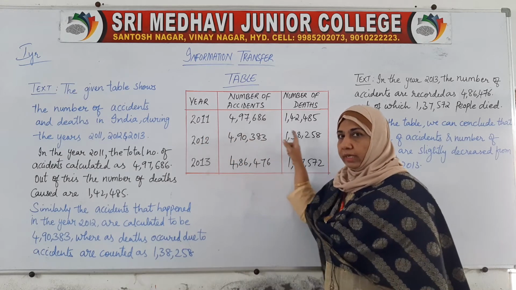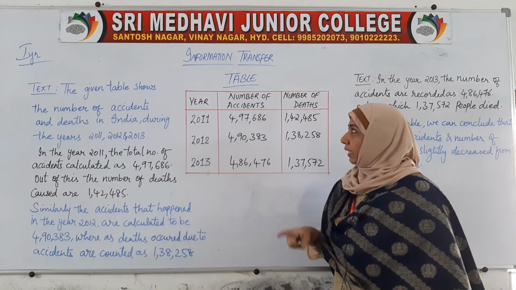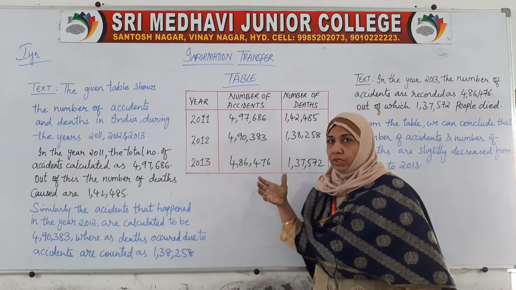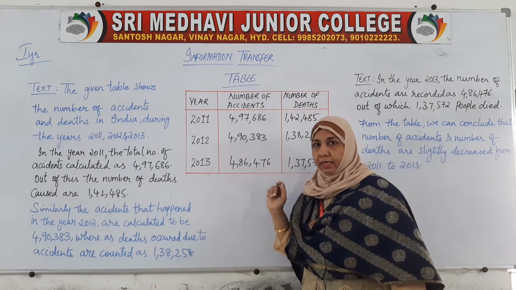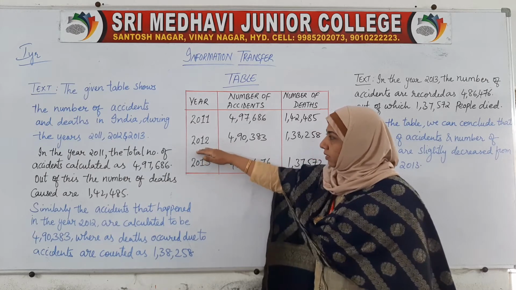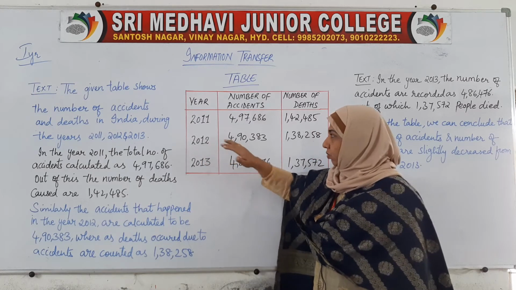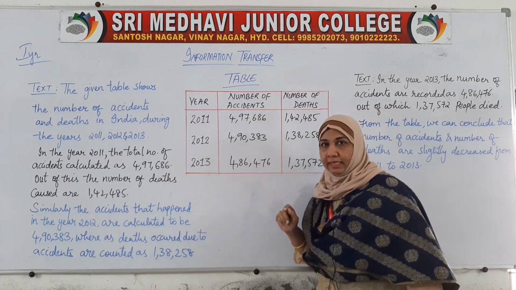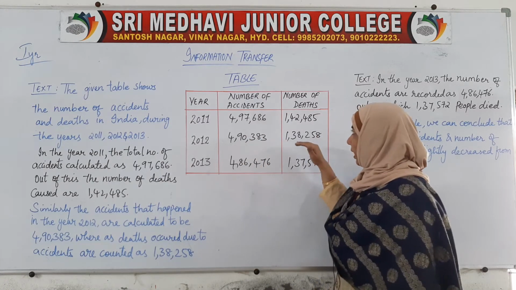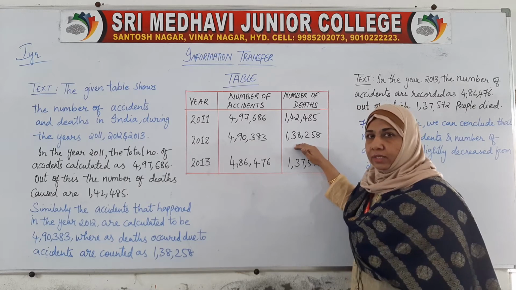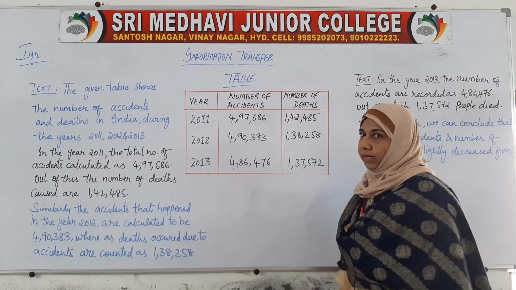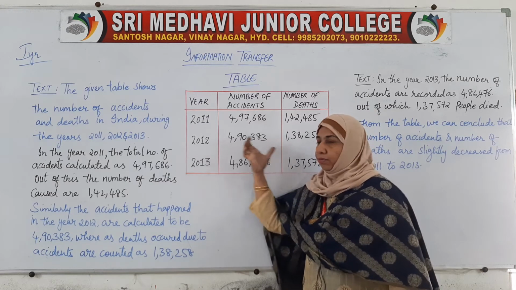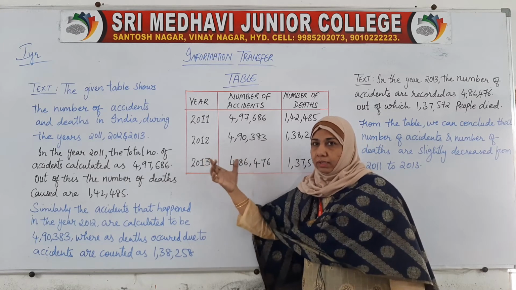One row is totally dedicated to 2011, in which the number of accidents happened and how many deaths occurred. Next year is 2012, in which 4,90,383 accidents happened and the number of deaths was counted as 1,38,258. This is the data of the year 2012.